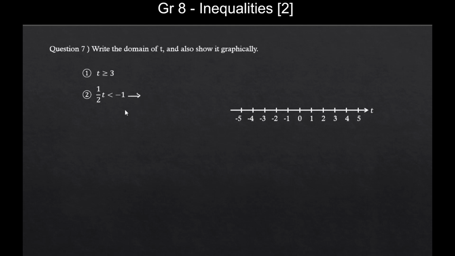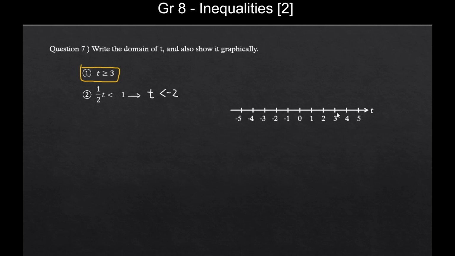There's 1 over 2 in front of t, so we have to multiply both sides by 2, right? T is going to be smaller than negative 2. Now everything looks better. Just as in the previous question, let's first show them graphically. I'll use the orange color for the first inequality again.